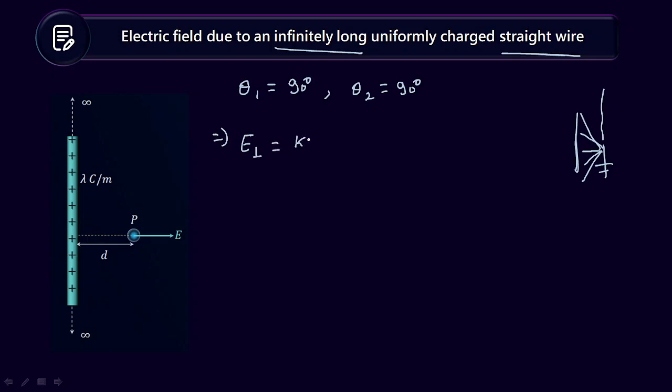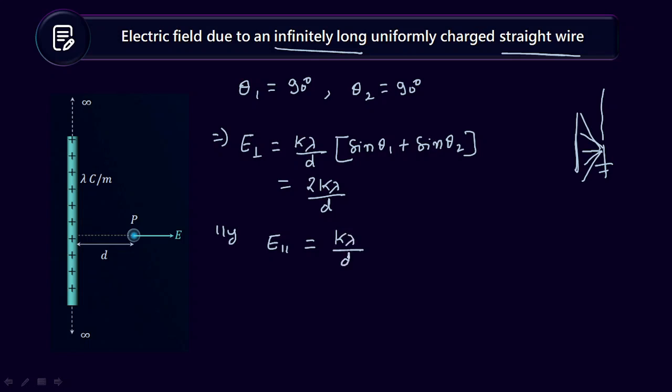So now we can write E perpendicular equals K lambda by D (sine theta 1 plus sine theta 2). Sine 90 means 1, 1 plus 1 is how much? 2. So we can write 2K lambda by D. Similarly, E parallel will be equal to K lambda by D (cos 90 degree minus cos 90 degree), right?